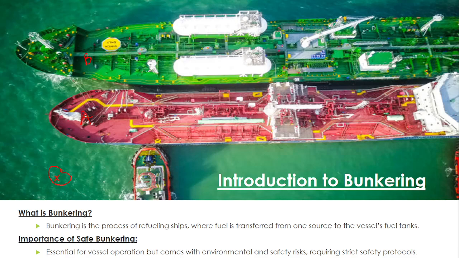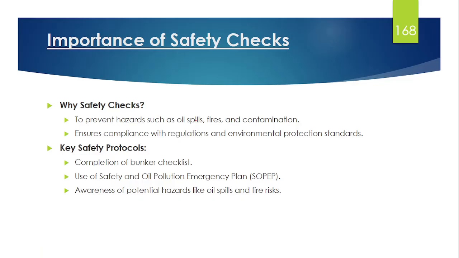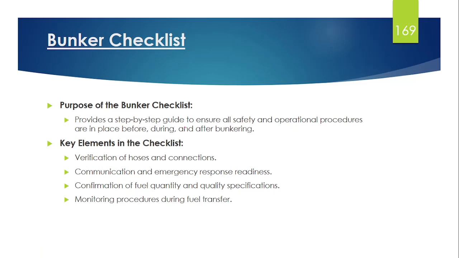the bunker. So basically what happens is that they will provide a switch which is directly controlled with the motor, and if there is any spillage or leakage, you can stop it. That is only possible by proper communication. Emergency response readiness means that you should have an arrangement such that you can fight the risk of oil pollution, spill and contamination.